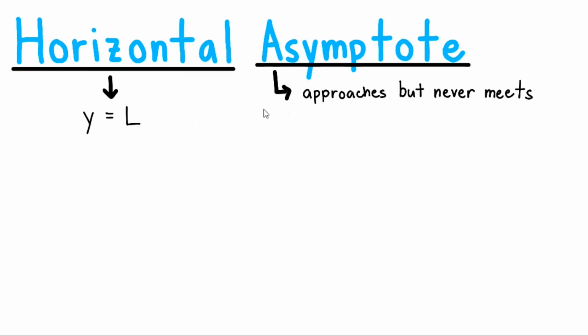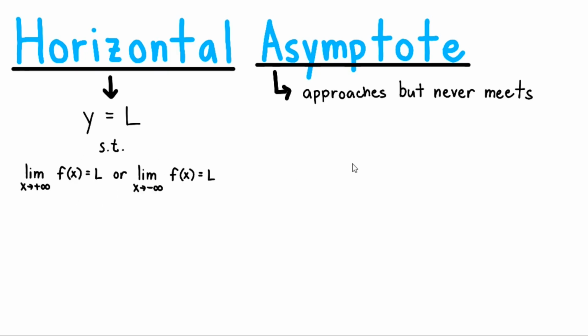If we combine these two, then the horizontal asymptote is the graph of y equals L, such that the limit of the curve f of x, as x approaches either positive infinity or negative infinity, is equal to L.